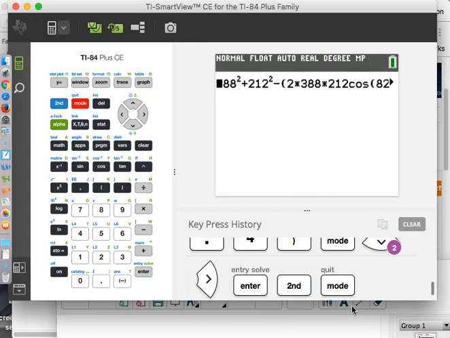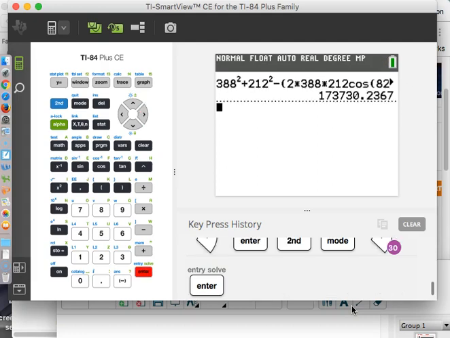So 388 squared plus 212 squared minus 2 times 388 times 212 cosine of 82.4 degrees. Try and get it all the way over there so that you can see that, and enter.